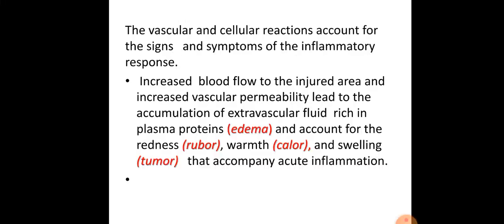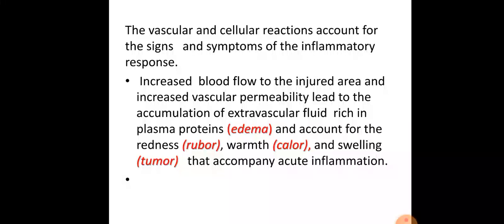The vascular and cellular reactions account for the signs and symptoms of the inflammatory response. They increase the blood flow to the injured area and increase vascular permeability, due to the accumulation of extravascular fluid rich in plasma protein, edema, and account for the redness, warmth, the calor, and the swelling, the tumor, that accompany acute inflammation.